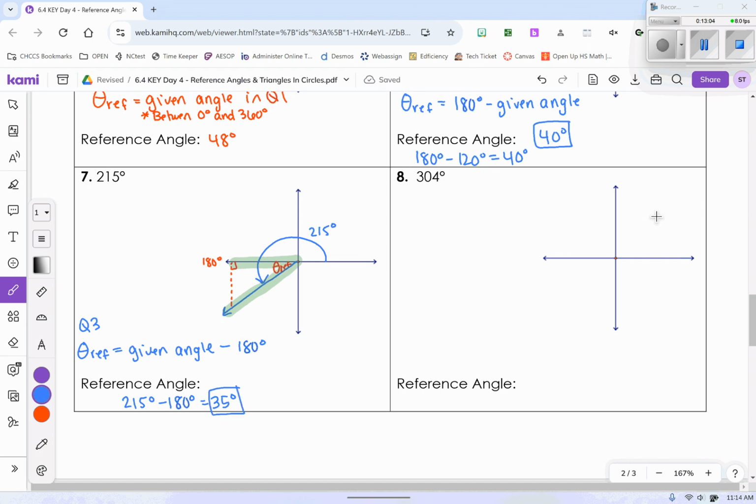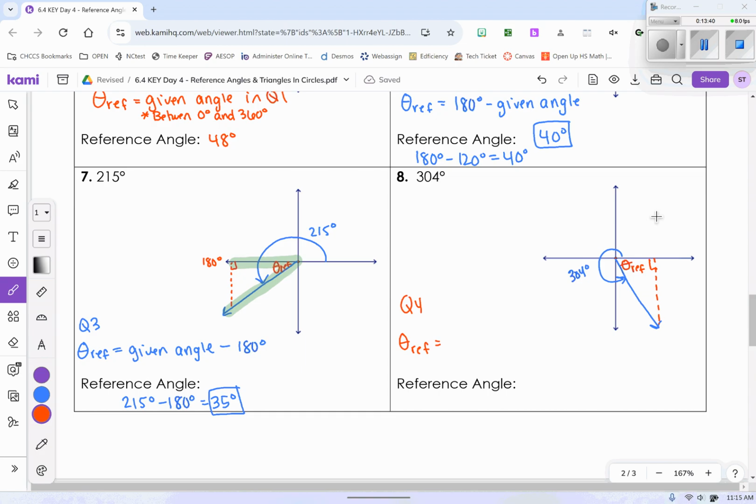Looking at the next one, now we're going to be in quadrant 4. So 304 degrees would be somewhere in here, right? So 304 degrees would be this direction. And so if I draw a right triangle, this is the reference angle. So in quadrant 4, notice that we are not using the 180 degrees to add or subtract from.